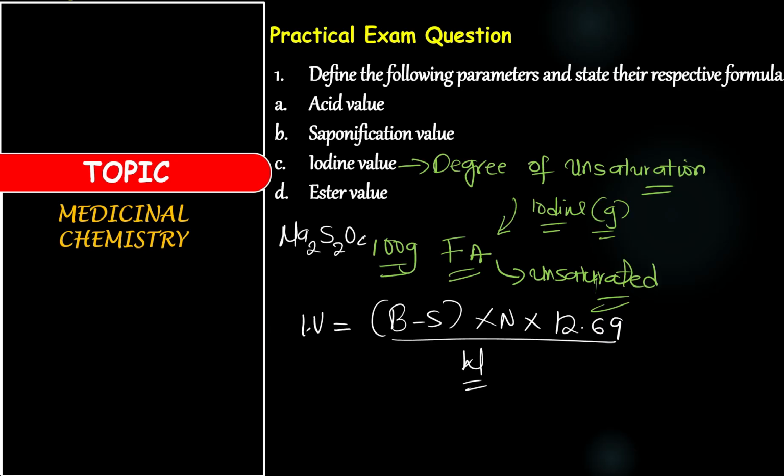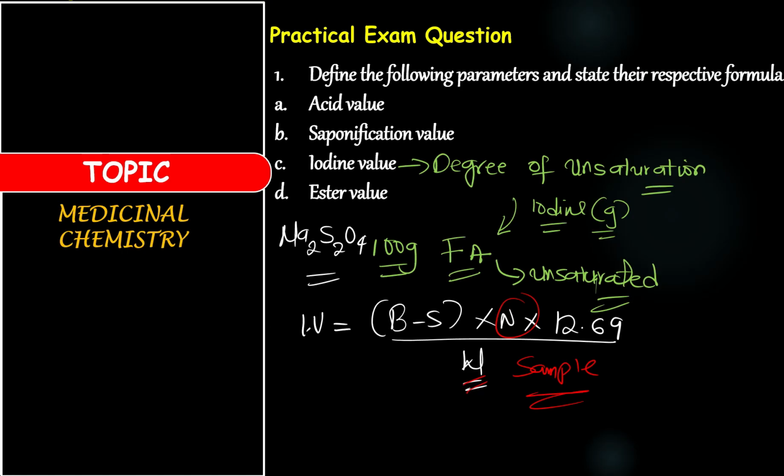N is the normality of the sodium thiosulfate used, and W is the mass of the sample used, not molecular mass.